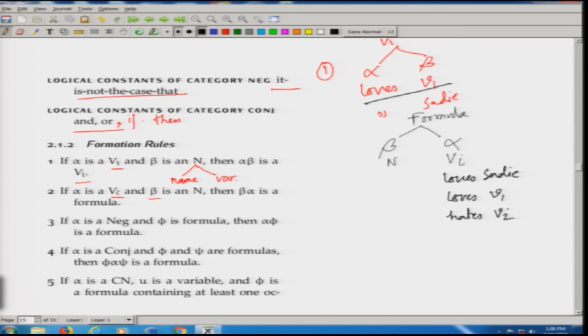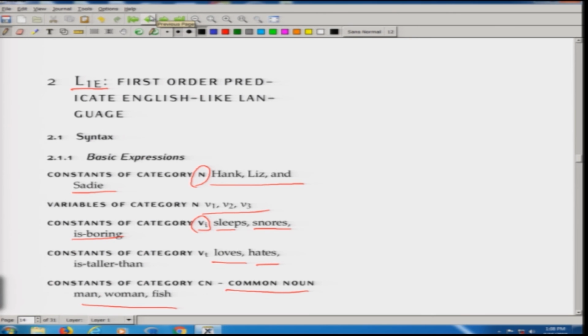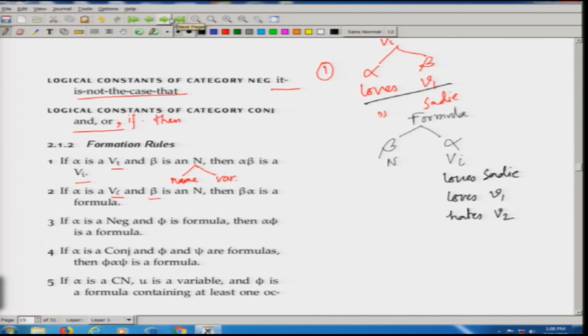These are all different Vi's. That is one Vi which is constructed, and also you have a natural Vi like sleeps or snores. So snores also will be one Vi or sleeps. And for n we take Hank, anything we can take.